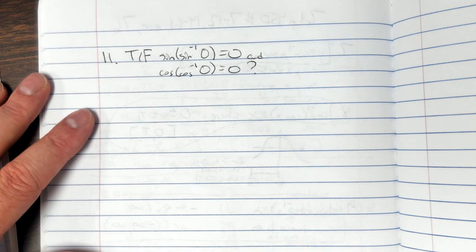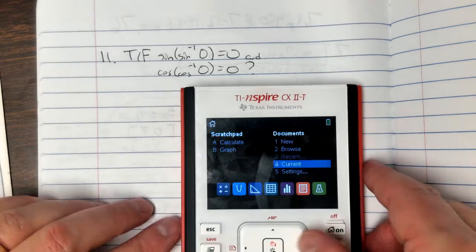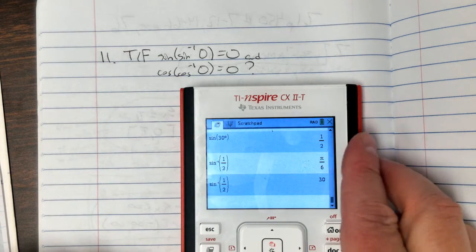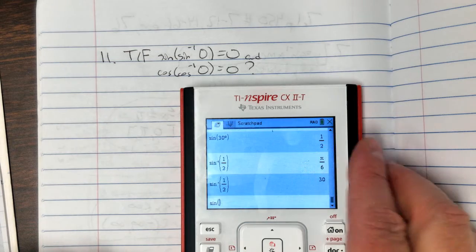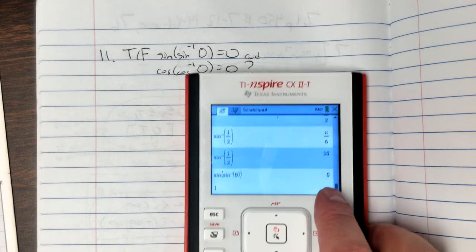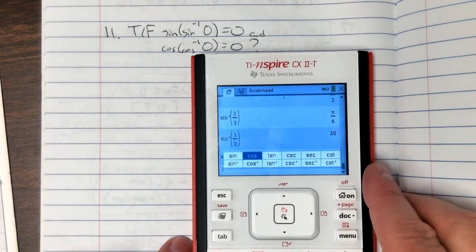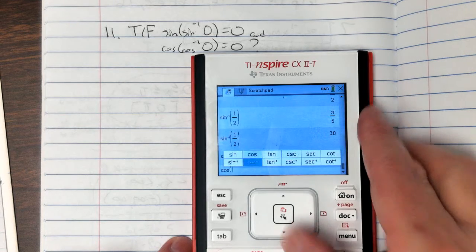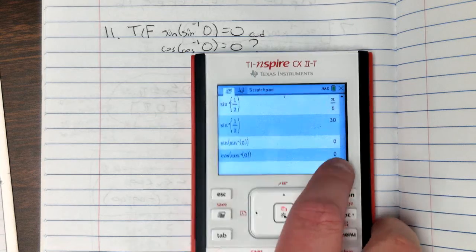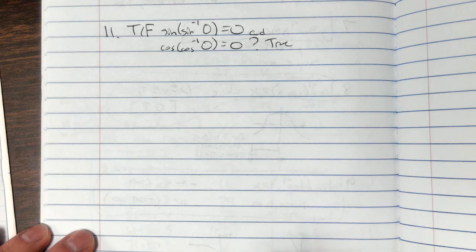So what we want to do is just go to our regular calculator screen and do both. So if we do sine of sine -1 of 0, sure enough we get 0. And if we do cosine of cosine -1 of 0, we also get 0. So this is going to be true, checked with the calculator.